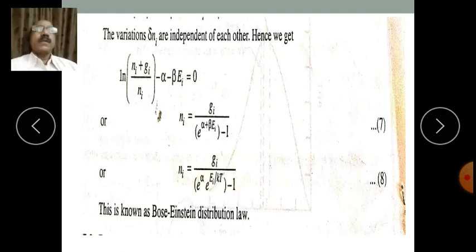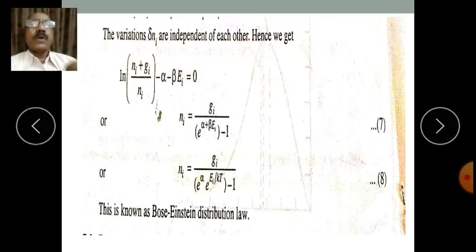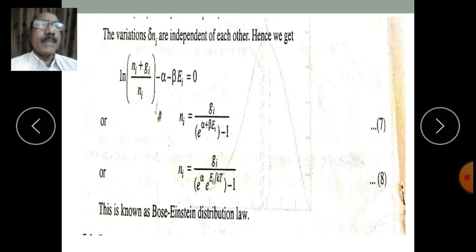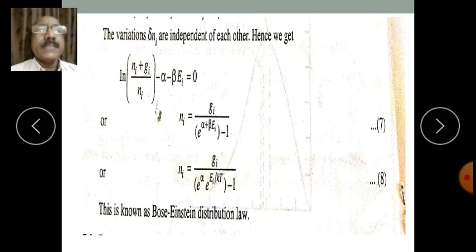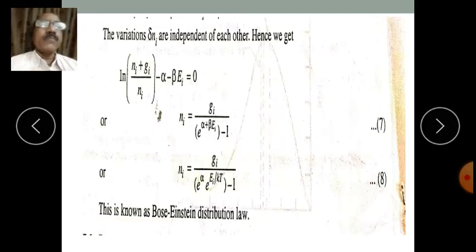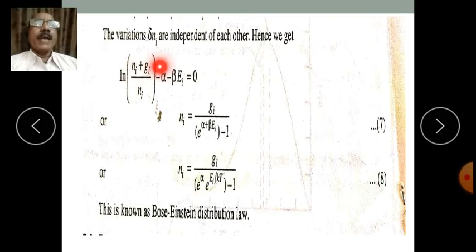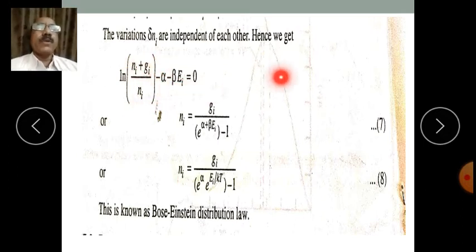The variations of delta ni are independent of each other. So this bracketed term must be equal to 0 in order to get the maximum of W, that is the thermodynamic probability. Equating this bracketed term with 0, you get log of (Ni plus Gi) upon Ni minus alpha minus beta Ei is equal to 0.